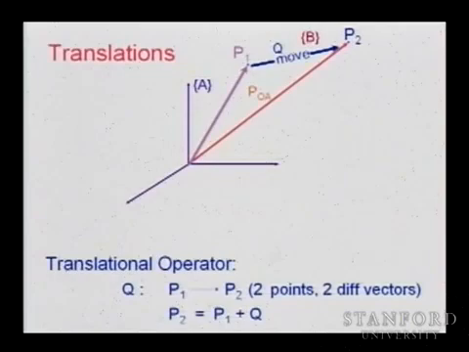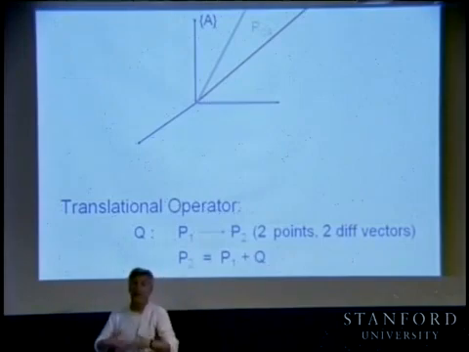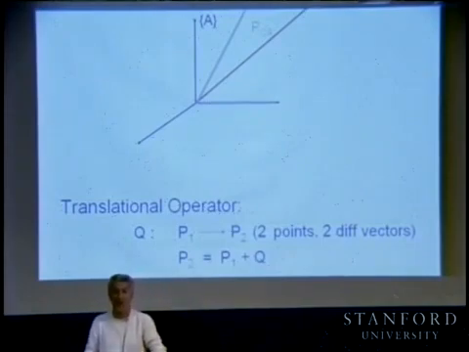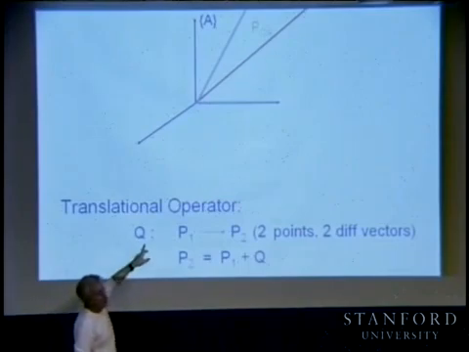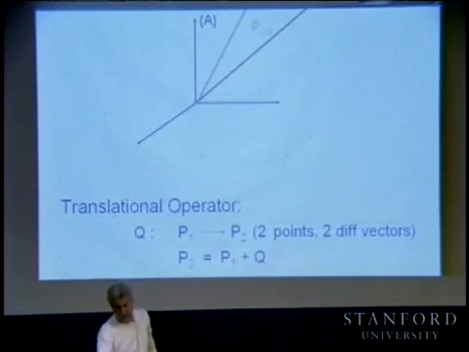We are moving P1 to P2 with the translation Q. So P2 is P1 plus Q. This is an operator of translation, and you can have this operator Q along the x-axis, y-axis, z-axis, or any arbitrary vector.